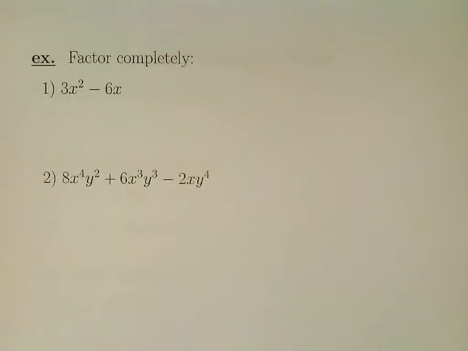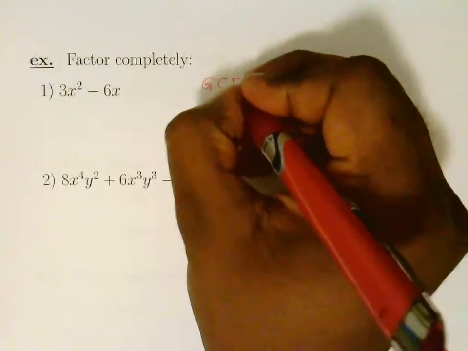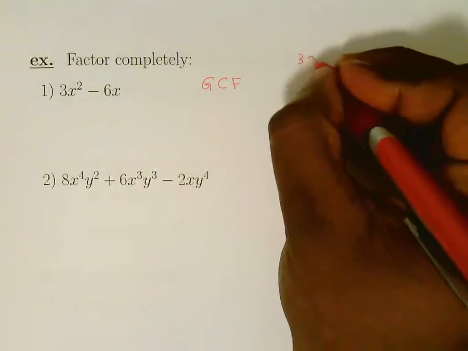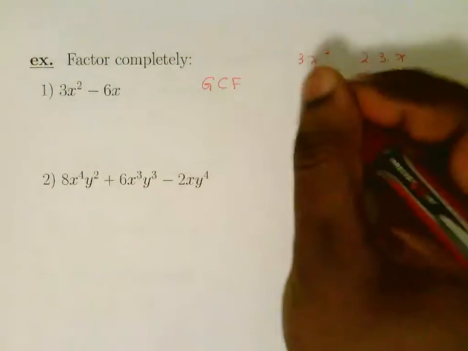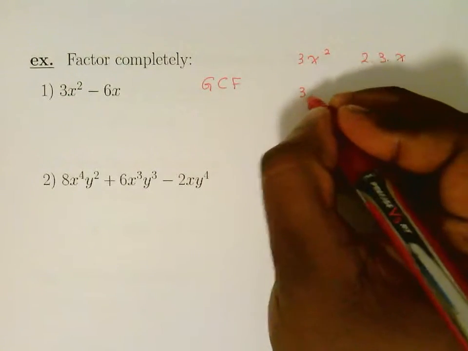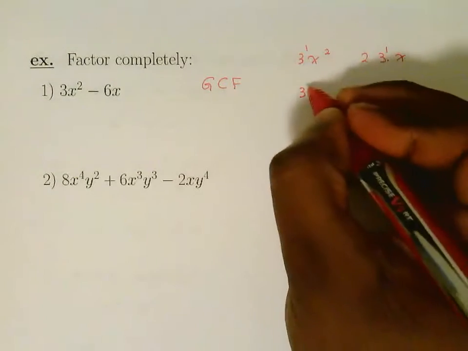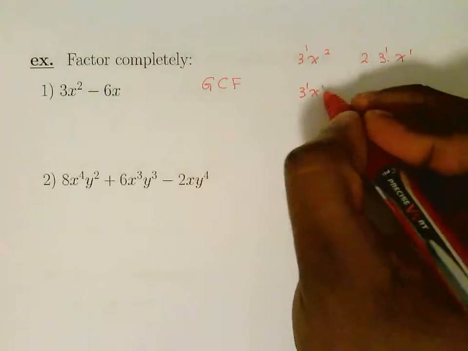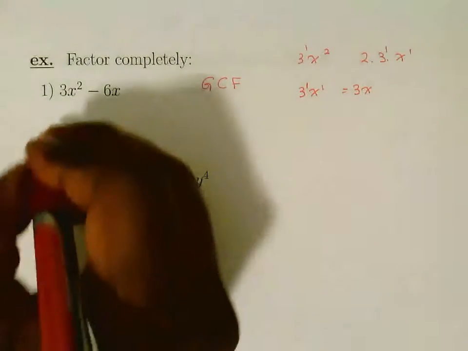Look at the greatest common factor. In this case, we are looking at 3x squared and 2 times 3 times x. So common bases are 3 and x. The least powers are 1 and 1. So 3x is the greatest common factor.